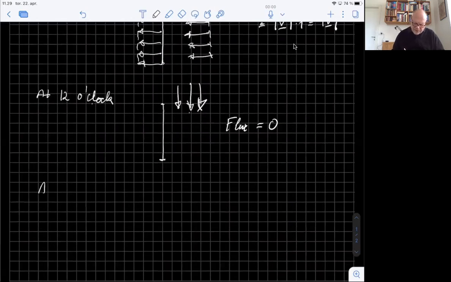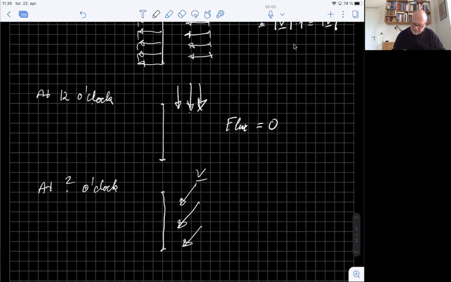Finally, we look at some arbitrary time. Again, we have the window. We have the solar field now in this direction.